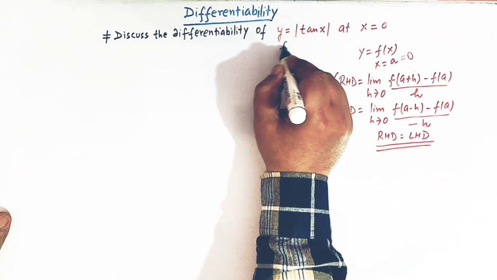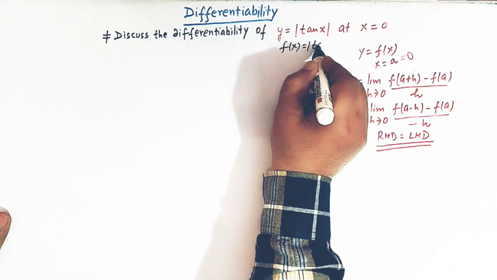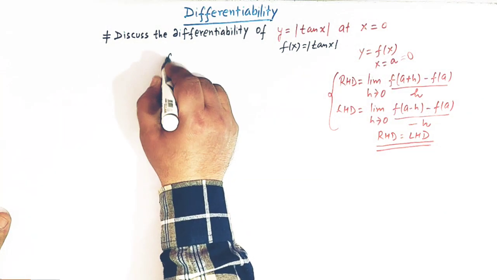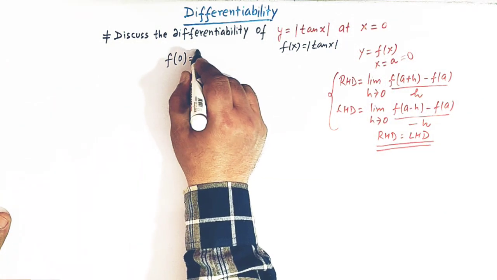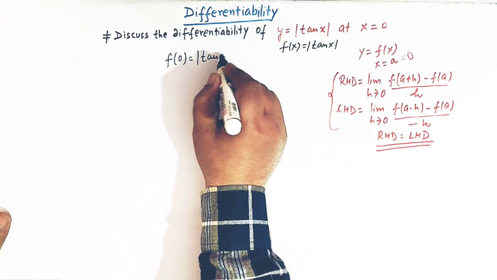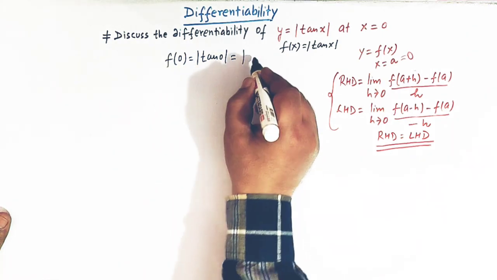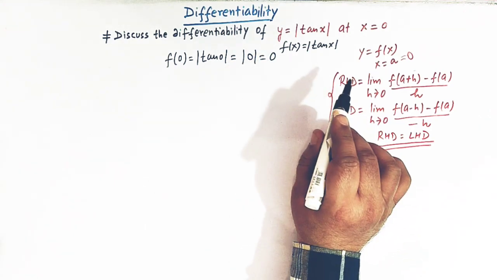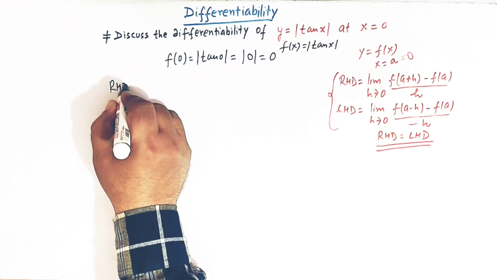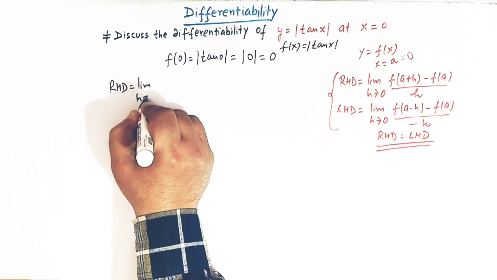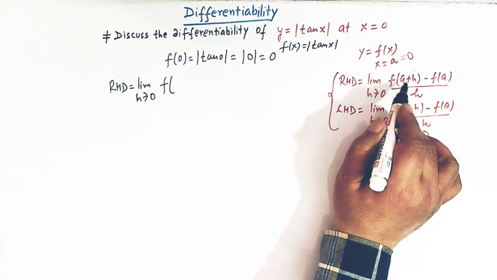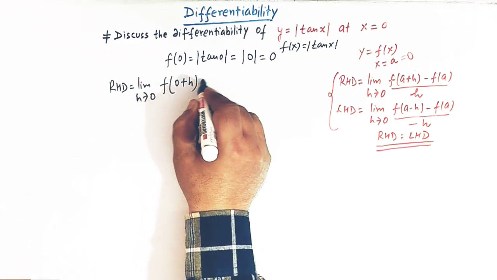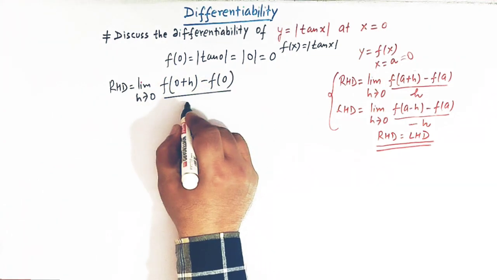So the function is f of x equal to mod of tan x, and at x equal to 0, the value of f of 0 is mod of tan 0. Tan 0 is 0, so we have 0, right? Now the right hand derivative is given by the limit h tends to 0 of f of 0 plus h minus f of 0 divided by h.